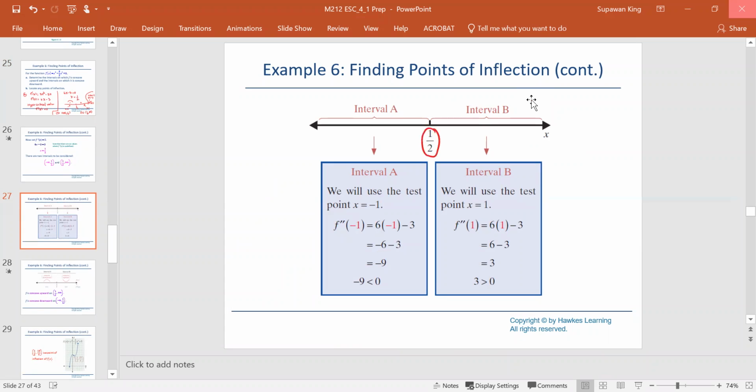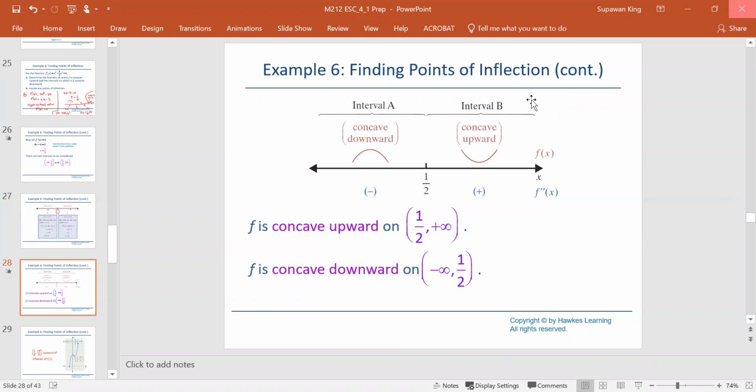Here is a cleaner picture using the real number line: the hypercritical value 1/2, the right interval positive sign, left interval negative sign, concave upward on the right, concave downward on the left. So f is concave upward on the interval 1/2 to infinity, and concave downward on negative infinity to 1/2.